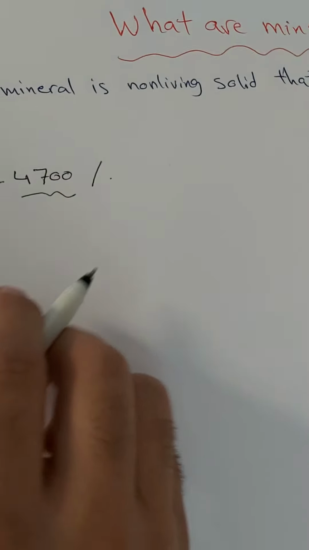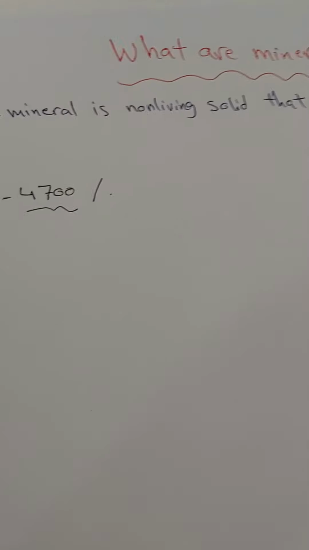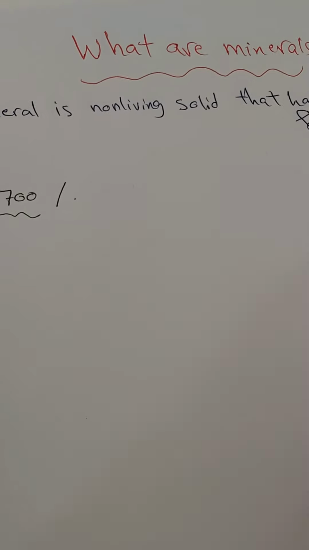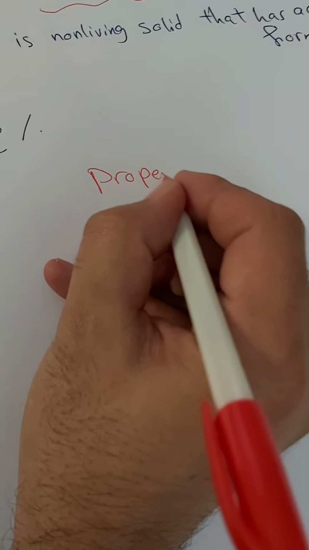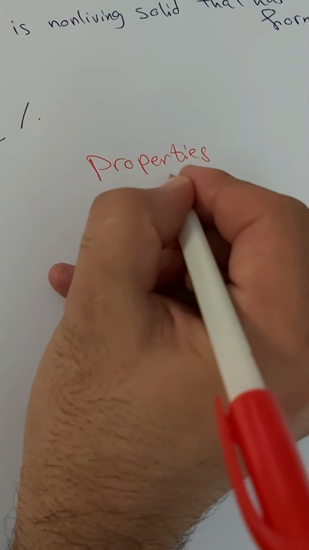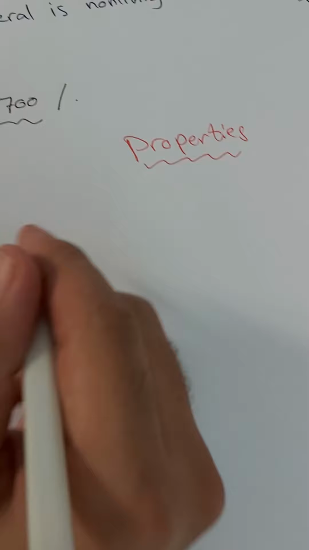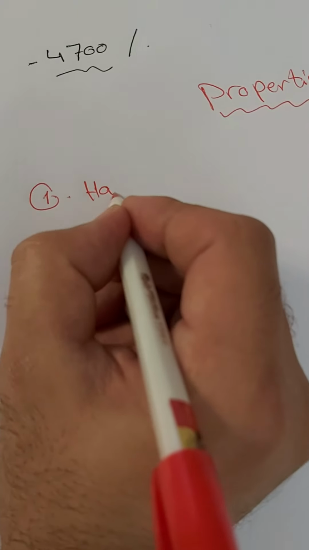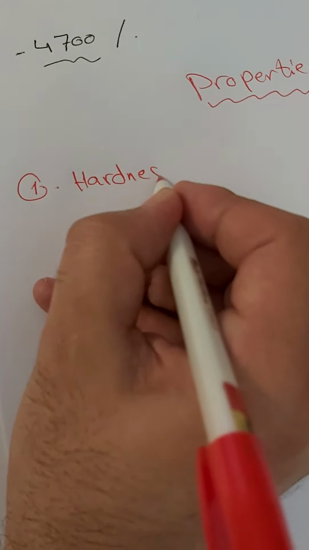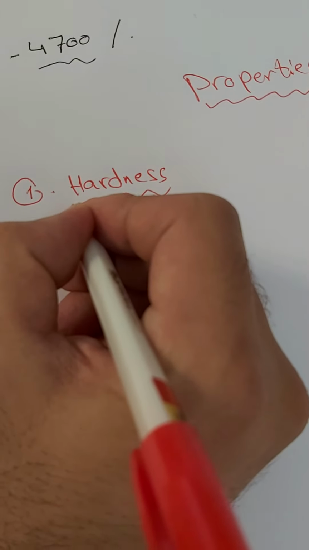Then we continued with the main properties to identify minerals. We began with the first property, and we said hardness. And hardness means what?